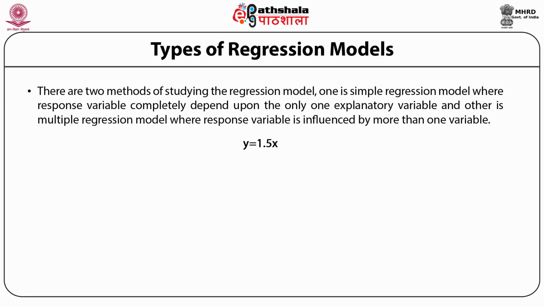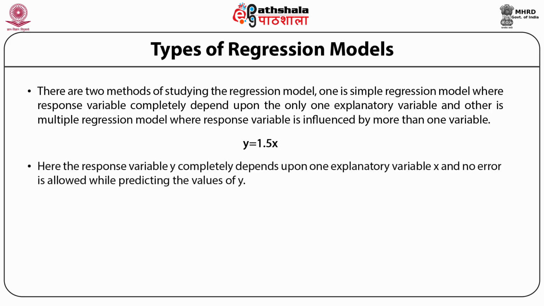When you are talking about the explanatory variable or the independent variable, you mean the same thing. Here the response variable y completely depends upon the explanatory variable x, and no error is allowed while predicting the values of y. This is often seen in the physical science concepts.